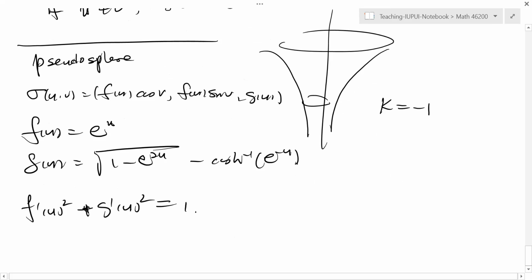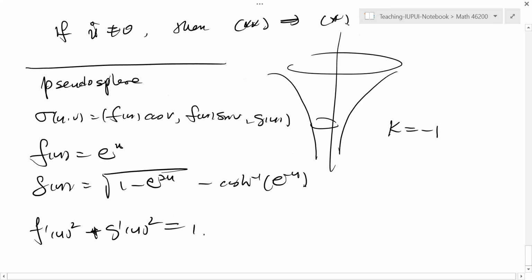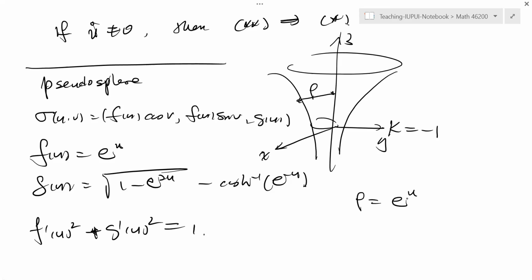So there's no freedom for g once f is chosen. f is the exponential function, e to the u. Let's understand the picture here. This is the x-axis, this is the y-axis, this is the z-axis. The radius here is e to the u, which is 1 when u equals 0.